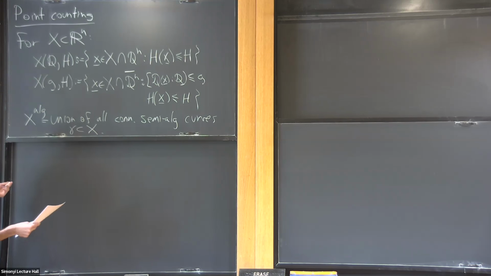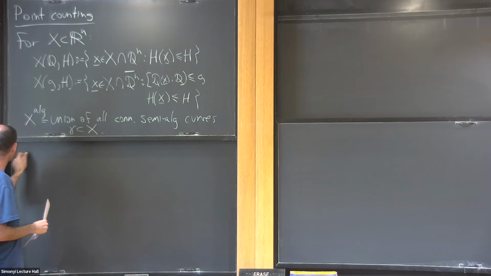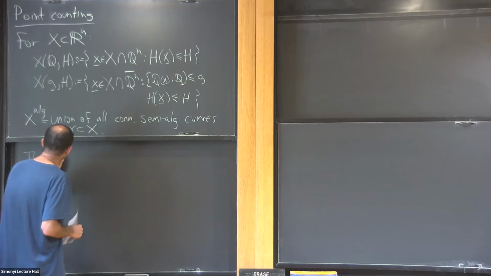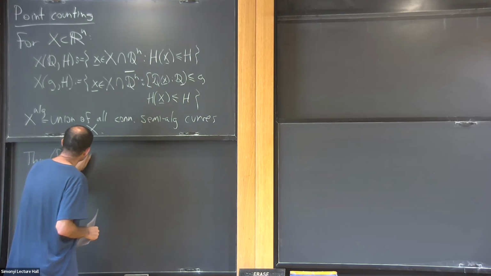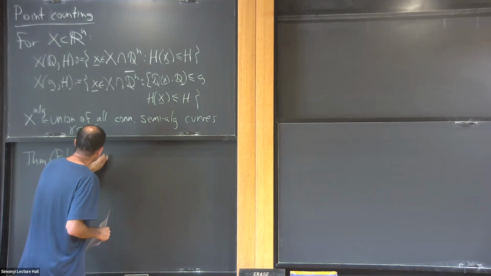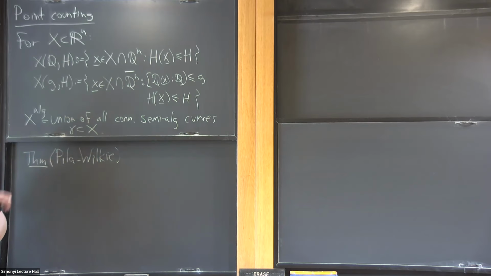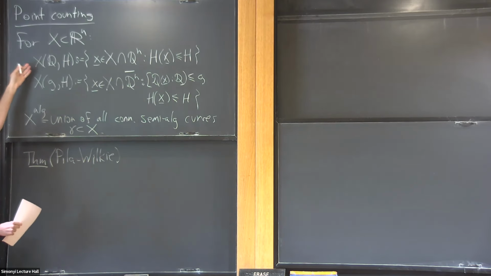Now I can state the first theorem, which is the Pila and Wilkie theorem. This is a theorem about counting the size of this thing.